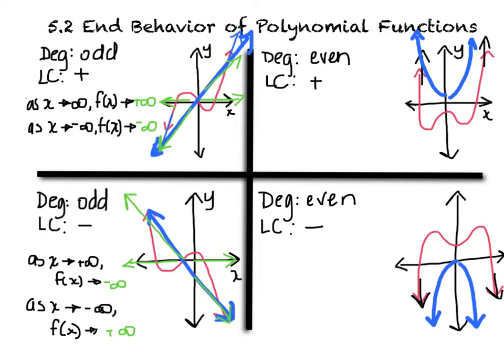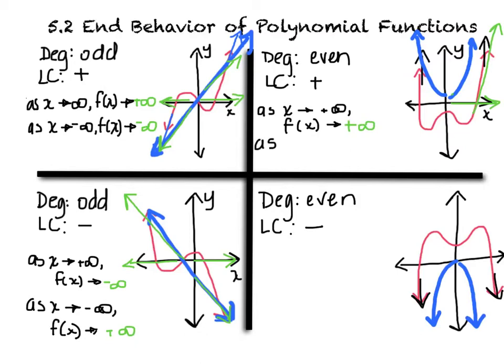Okay, the other one. Let's look at the two on the right. So let's talk about the end behavior here. As x approaches positive infinity, the function approaches what? As my x gets bigger, my function is also approaching positive infinity.